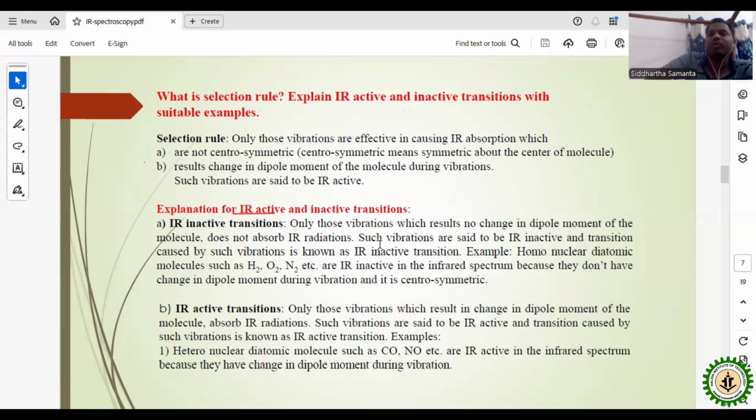But in case of NO and CO molecules, they have some permanent dipole moment, and so they are IR active molecules. So during vibration, if a molecule acquires some dipole moment, or if a compound has a permanent dipole moment, they are IR active.